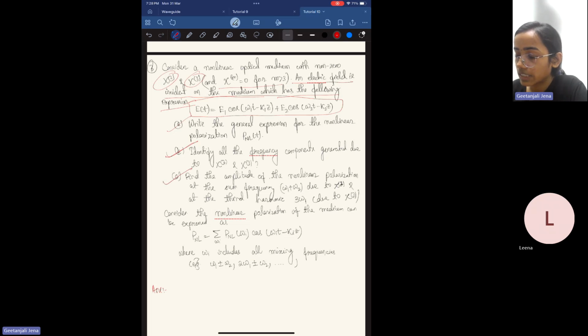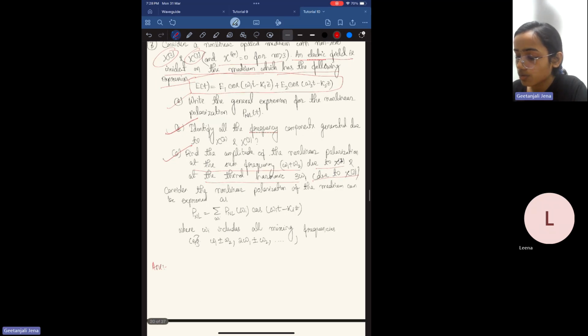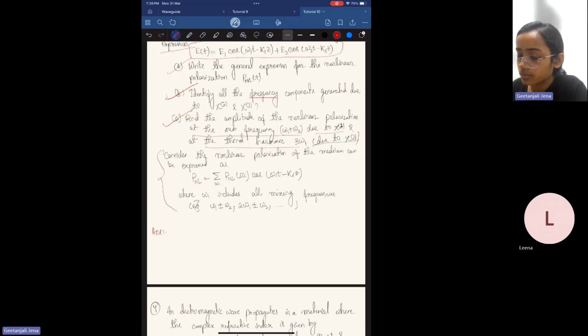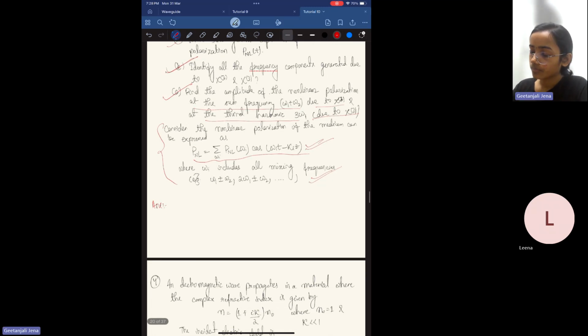And in part C, we need to find the amplitude of the nonlinear polarization at the sum frequency omega 1 plus omega 2 due to chi2, and at the third harmonic frequency 3 omega due to chi3. It is also given to consider the expression for P_NL as the summation over omega_i of P_NL(omega_i) cos. This is what we have seen earlier, and it is just given for information.